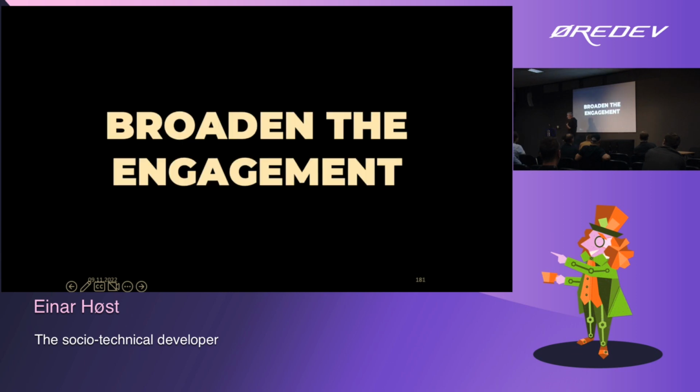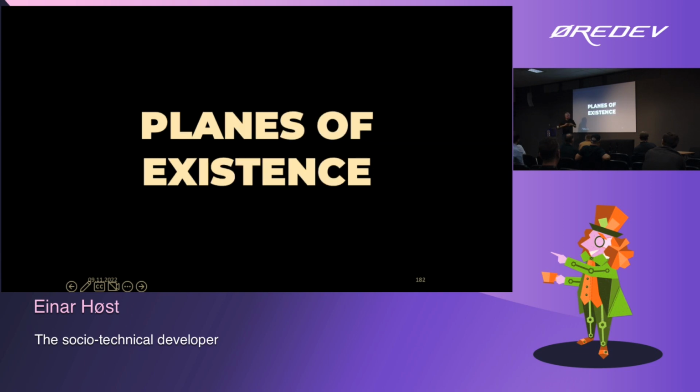I think we should broaden our engagement and try to address this problem that we're still largely operating as developer teams, even self-proclaimed cross-functional, empowered, autonomous teams, all the good labels that we put on the teams these days. They still often operate at a different plane of existence from the rest of the business.